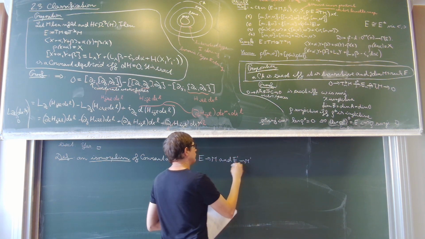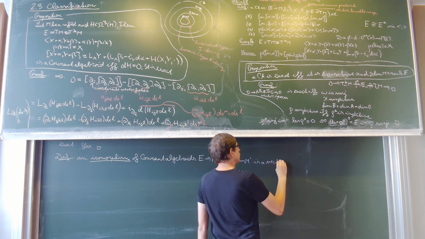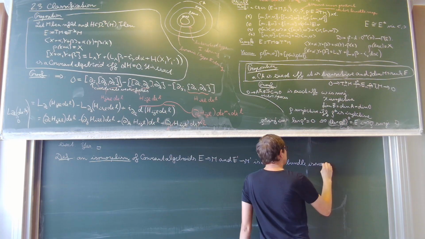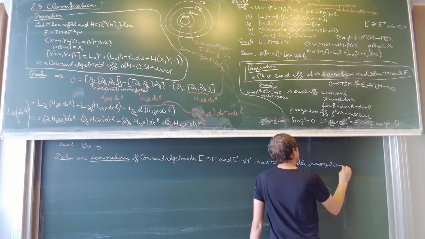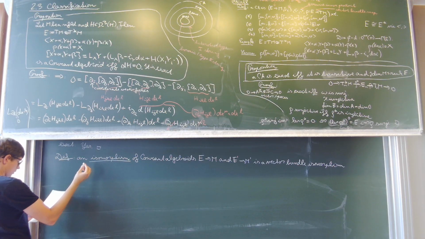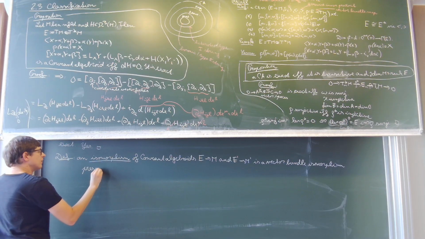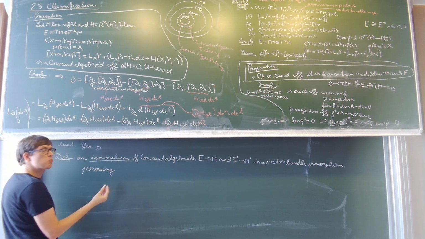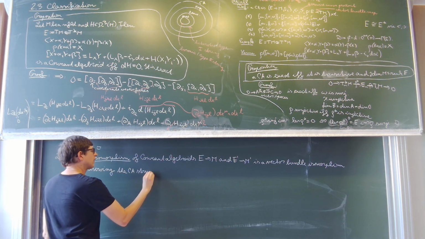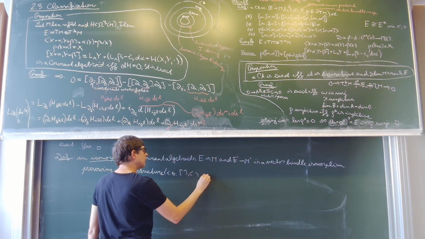This is simply a vector bundle automorphism preserving, it's not a very surprising definition, the Courant algebroid structure, i.e., bracket, pairing and anchor.